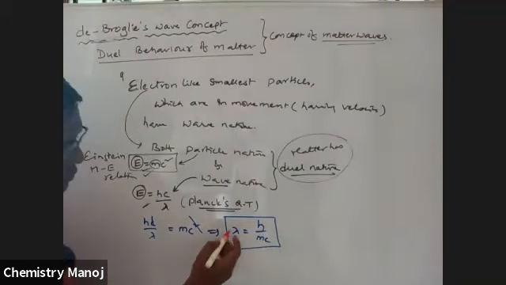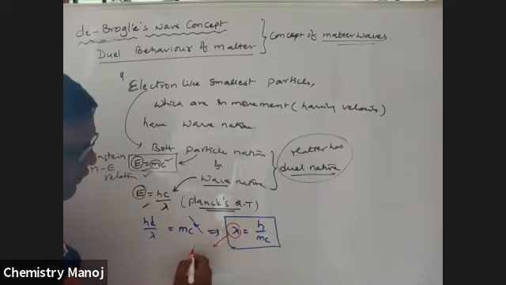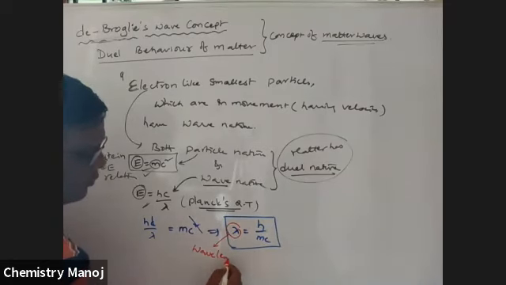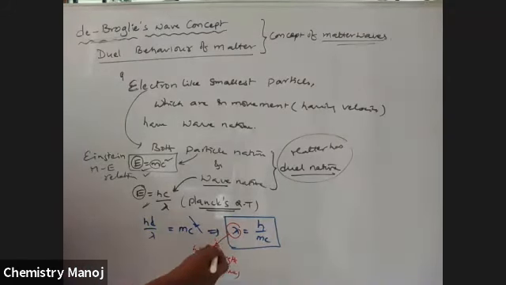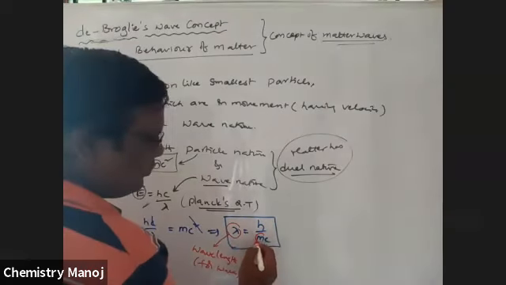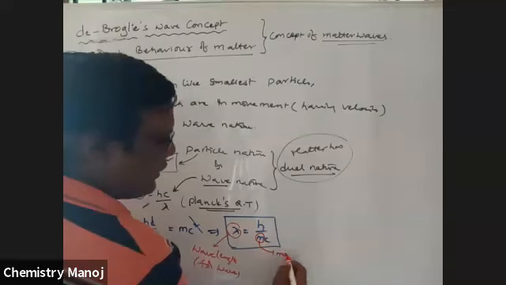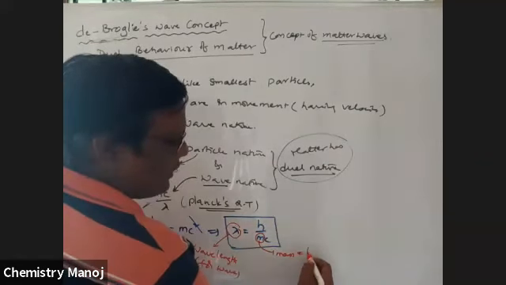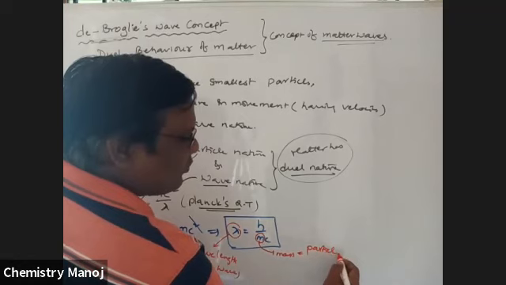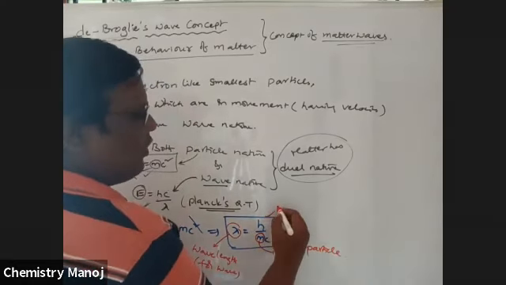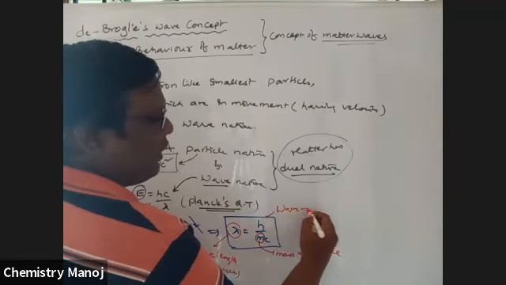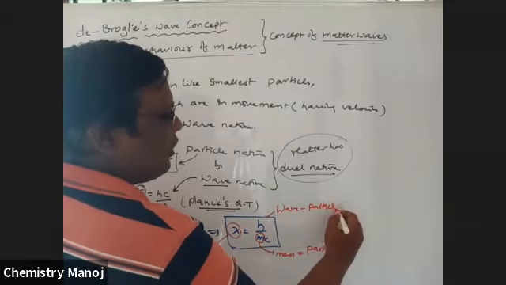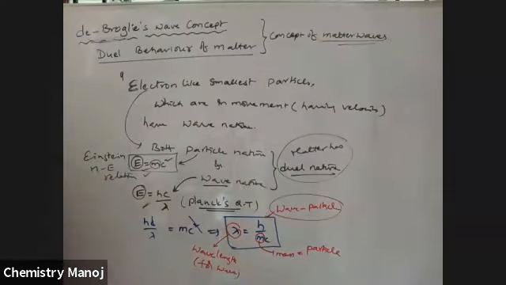Lambda is nothing but wavelength, so it explains wave properties. m is the mass of the particle, so anything having mass has particle nature. That means this equation gives the wave nature and particle nature of electron-like smallest particles.